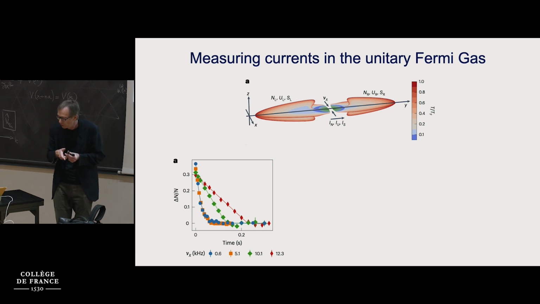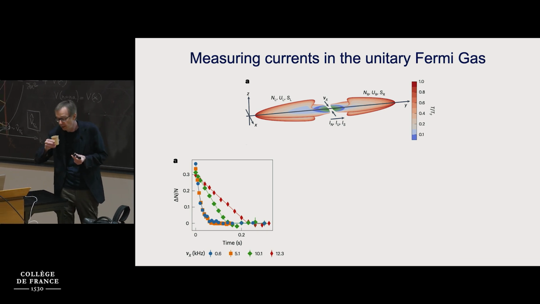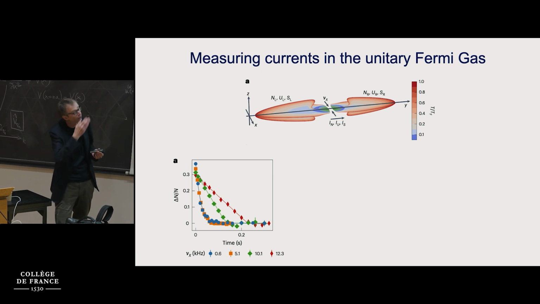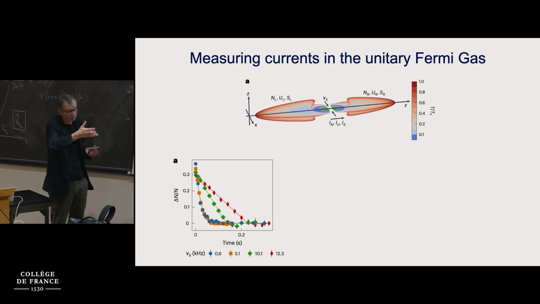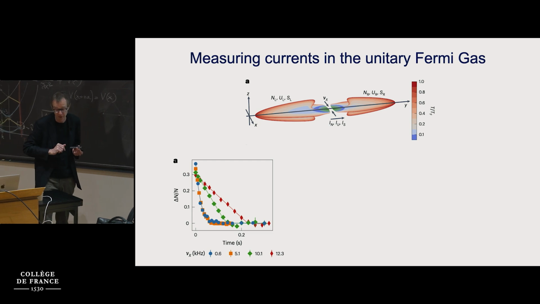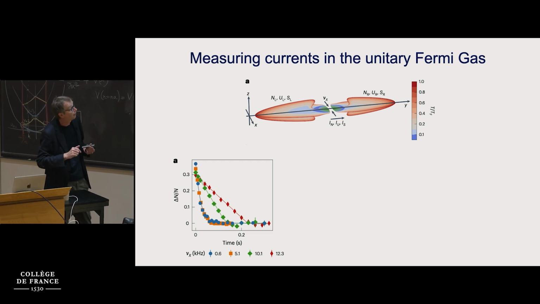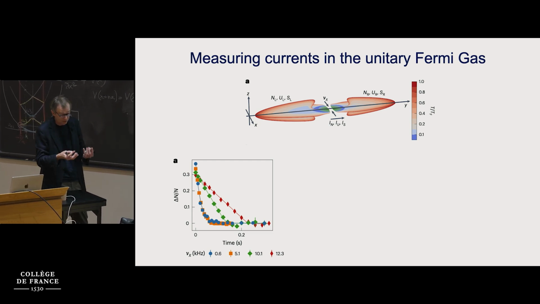And then we thought, what's happening with the entropy transport? How much entropy is transported? All this, as I said, pioneering work was done here by Christophe Salomon with the equation of state.